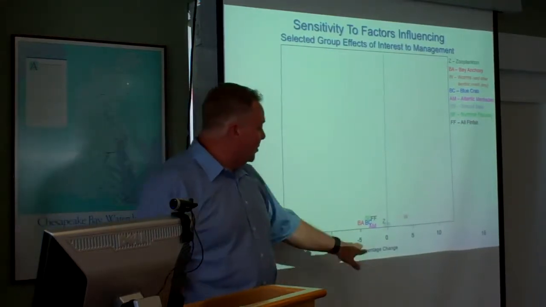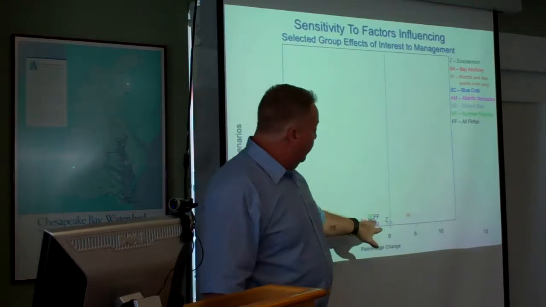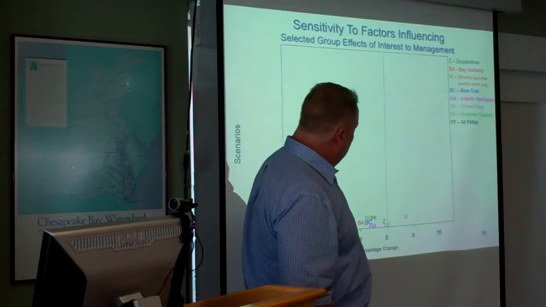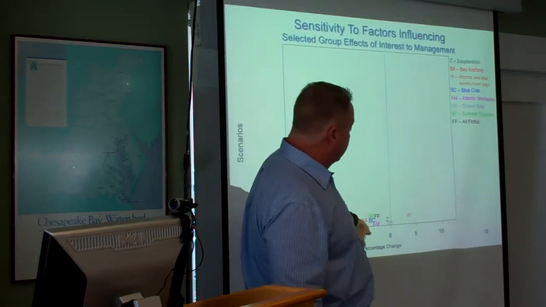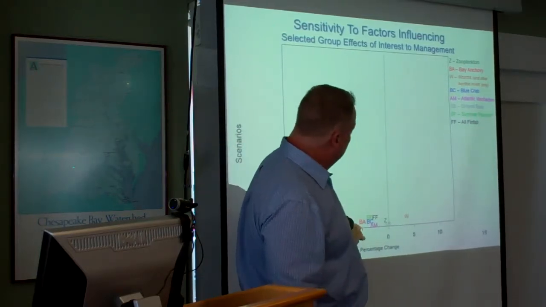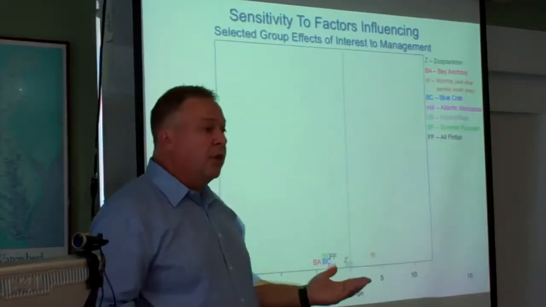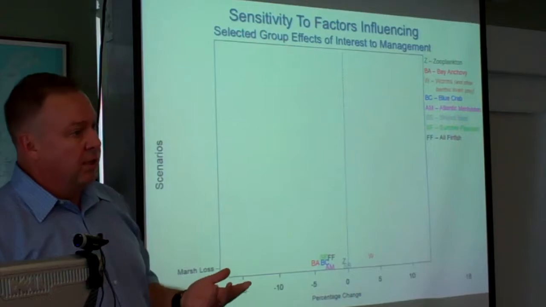And when we look at that 50% marsh loss, we're seeing a fairly small amount of variability here, about a 10% change from the status quo overall. Bay anchovy are on the bottom. There's always going to be winners and losers in every one of these scenarios.